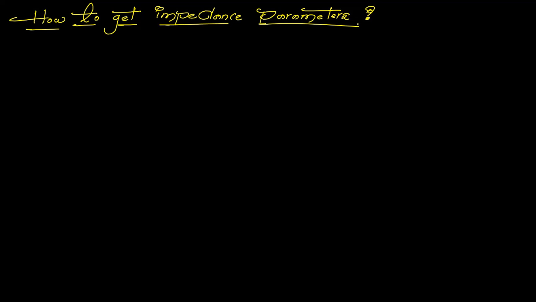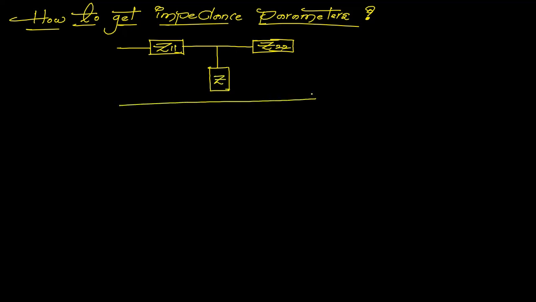In order to get all these parameters, I am going to consider this particular network. I consider this one as Z11, this one is Z22, and this one is Z, the mutual impedance connected between port 1 and port 2.